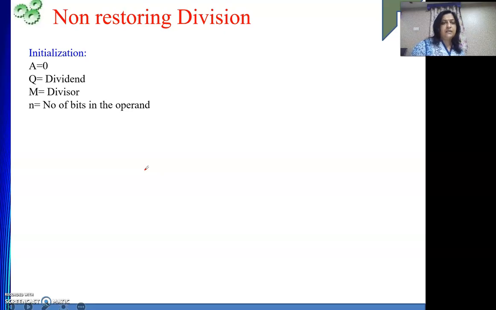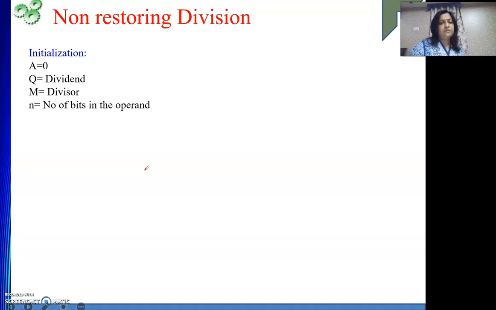In non-restoring division, A will be taken as 0, with the number of bits equal to the number of bits in my operand. Q will have the dividend, M will be the divisor, and n is the number of bits in the operand. Dividend and divisor are represented using an equal number of bits, and one extra bit is taken in A to keep track of the sign of the result of the operation.